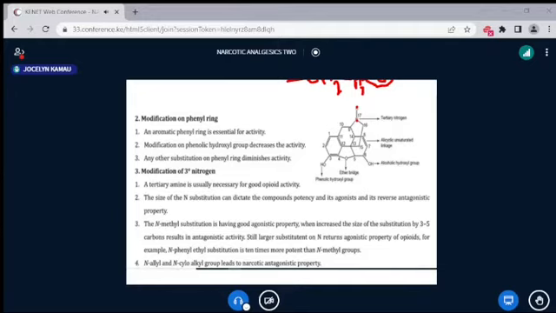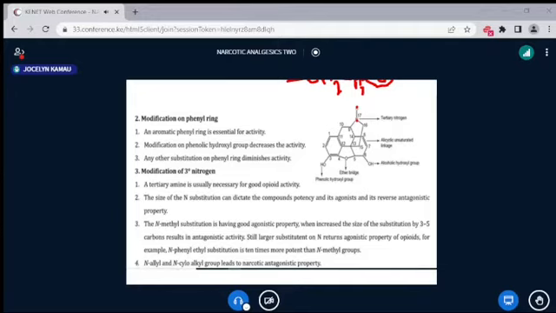Again, as I have said, we are going to look at this one by one. This is just the general introduction. So still larger substituents on N return agonistic property of the opioids. For example, the N-phenyl ethyl substitution is 10 times more potent than the N-methyl group. So you can see that there is an exception to the morphine rule, which states that the substituent at position number 17 should be a small alkyl group for activity.